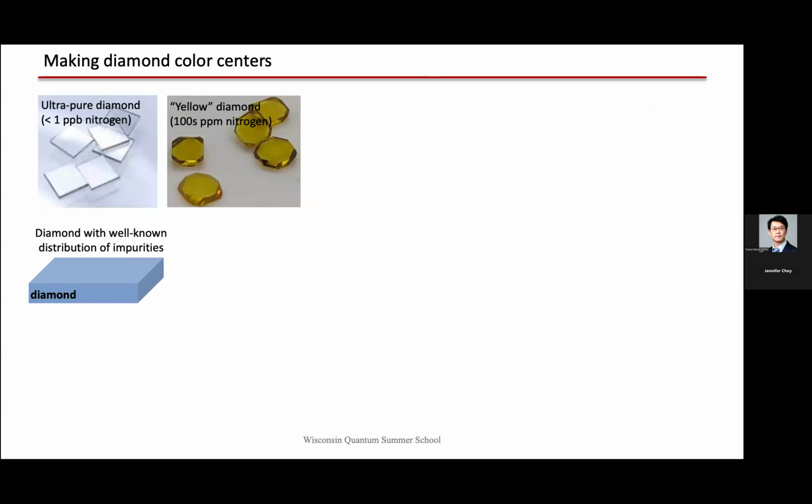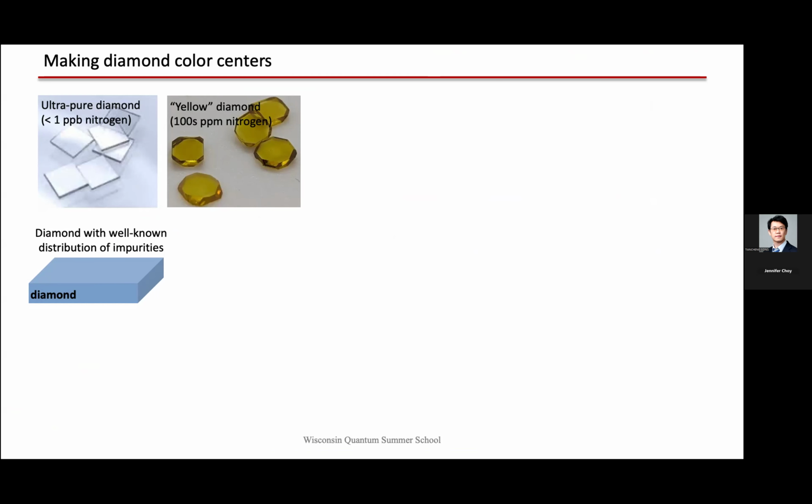And the way that you do it is you need chemistry. You need typically fairly high temperature and sometimes high pressure. You can start off with diamond crystals that are very pure, meaning they have a very, very low level of nitrogen. And we're fixated on nitrogen because we're surrounded by it, right? If you don't do a good job of keeping that level low, your sample is going to be filled with it.